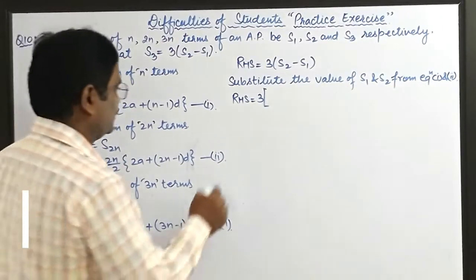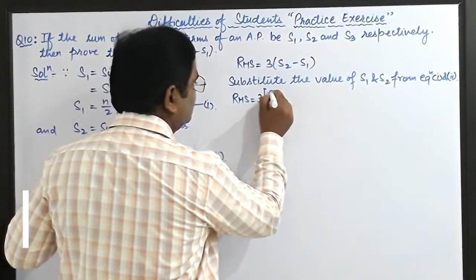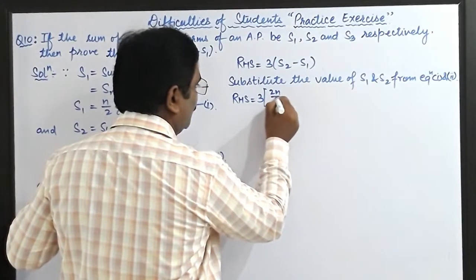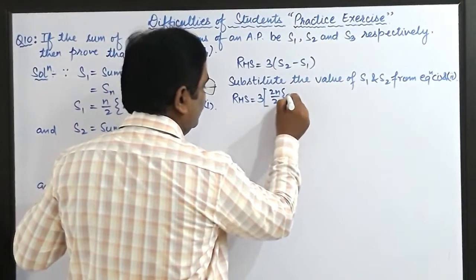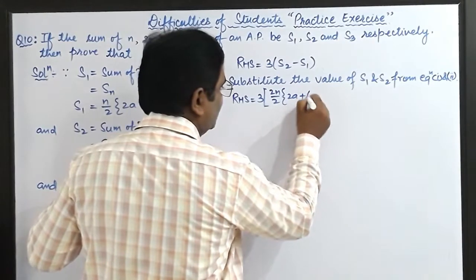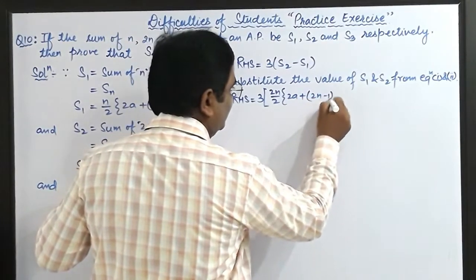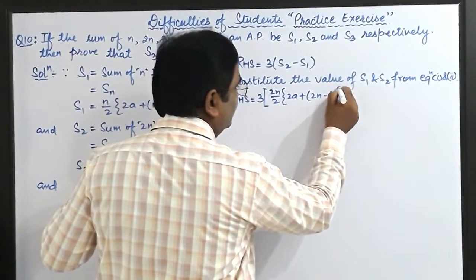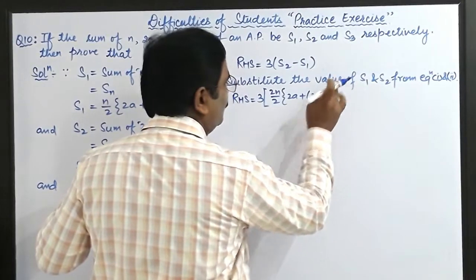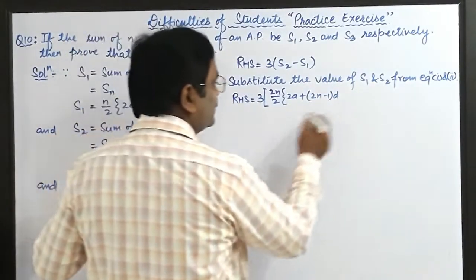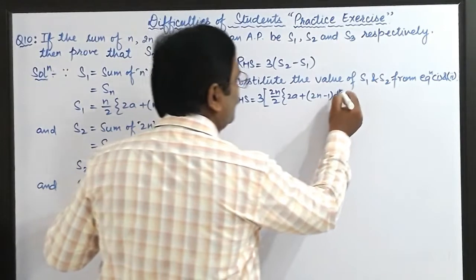So substitute it, 2n upon 2 into 2a plus 2n minus 1 into d. This is the value of, what is it the value of?